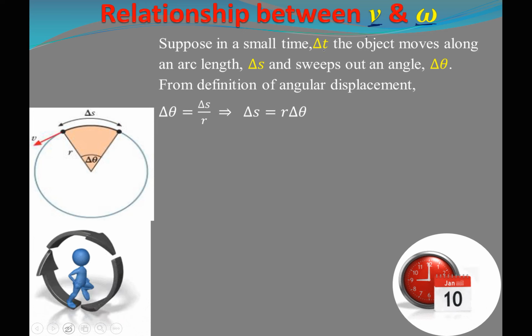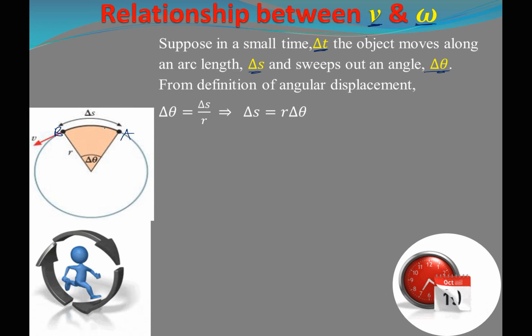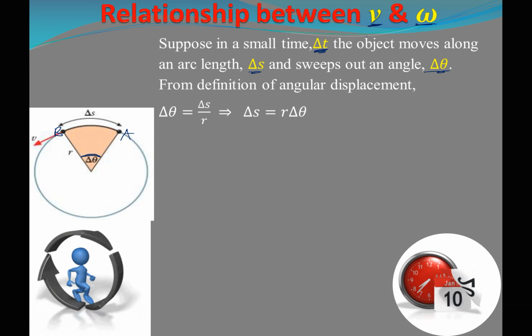So suppose in a small time delta t, the object moves along an arc delta s and sweeps out an angle delta theta as shown in this diagram. Let's say the object goes from point A to point B in a small time delta t and sweeps through a small angle delta theta, covering an arc length delta s.